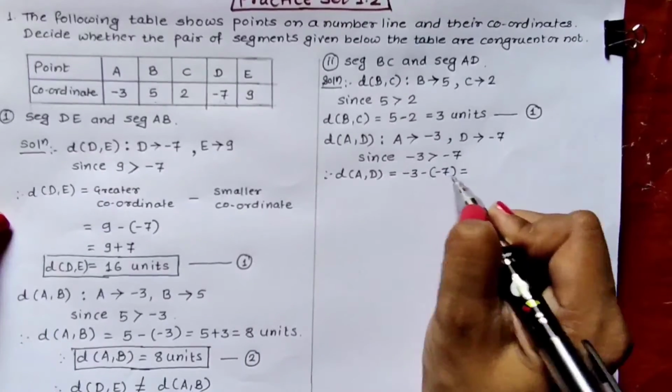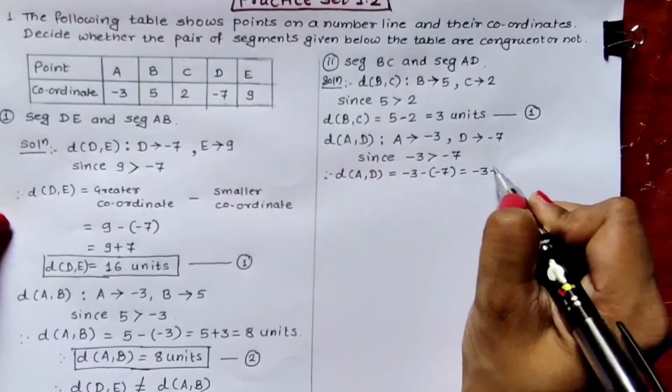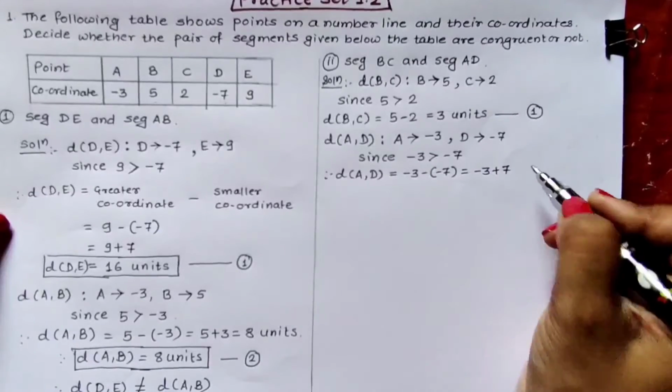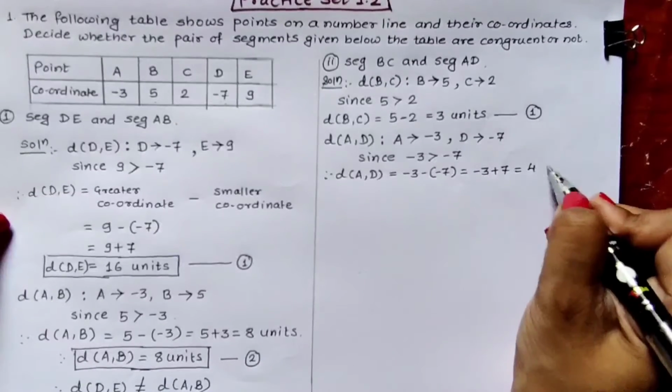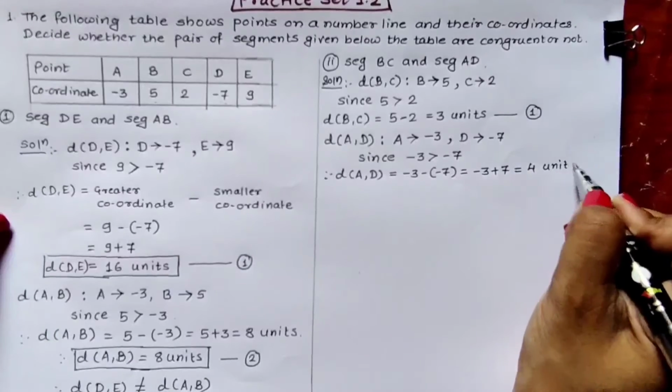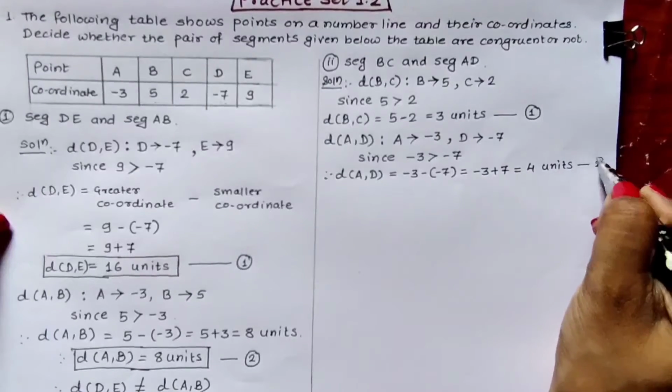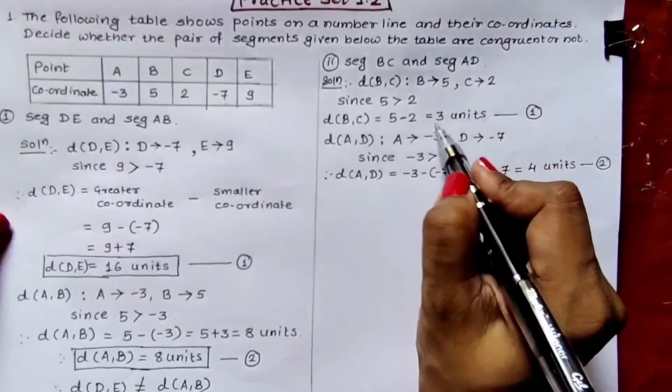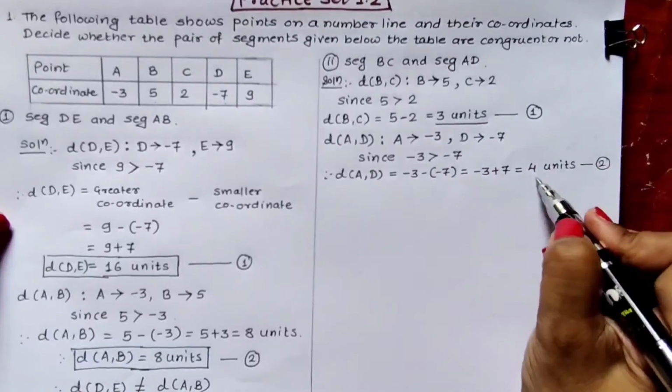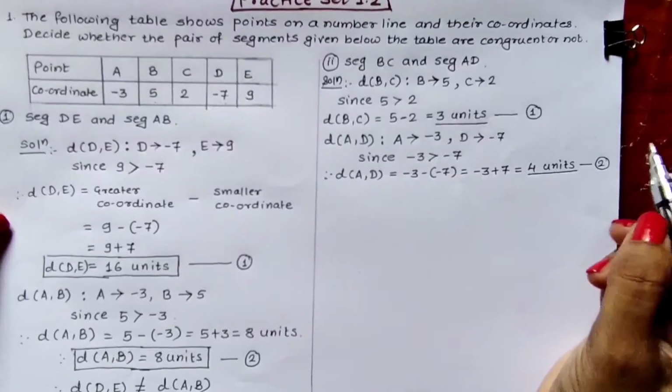So minus 3 minus minus 7 means minus 3 plus 7. Minus plus will become minus. Answer is 4 units. This will be our second equation. First equation we have got answer 3 units. Second equation we have got answer 4 units.